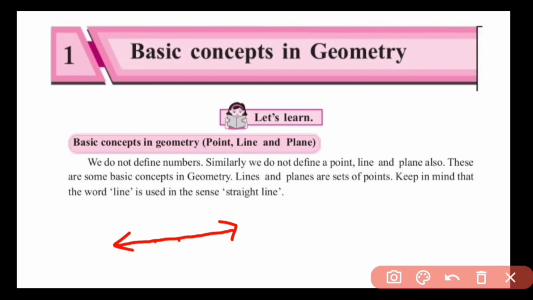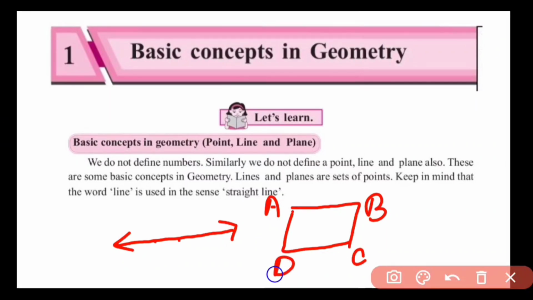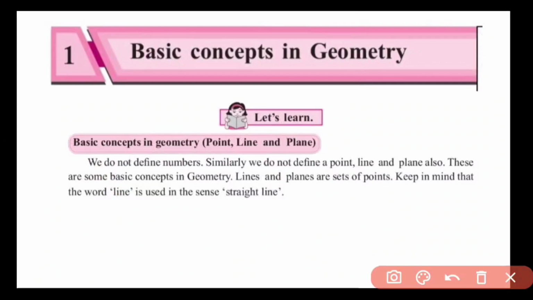For example, if we join four segments like this and close it, and if you give the names A, B, C, D, then this is a plane. A, B, C, D is a plane. You can draw any type of plane, okay, and a plane is also a set of points.